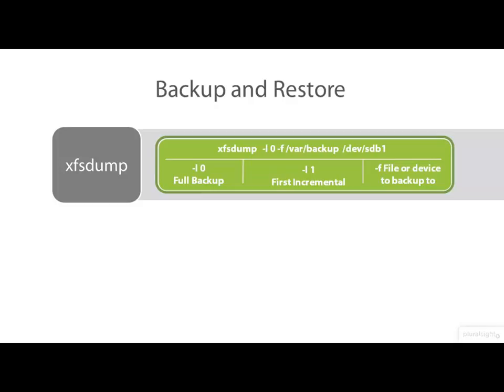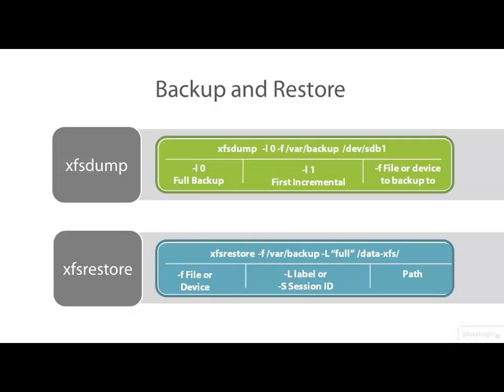The reverse of this, the restore utility, is xfsrestore, and then we can go through xfsrestore -F, so the file or the tape device that we want to restore from, and then we can specify either the label or the session ID.